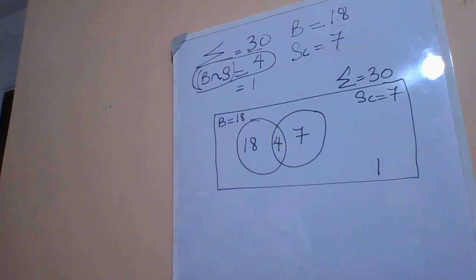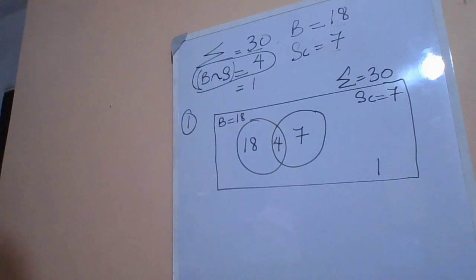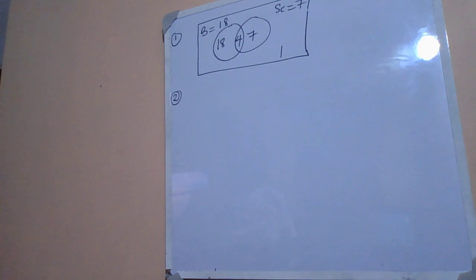So that answers the first question, which says we should draw a Venn diagram for the information given above. So let's answer the second one. The second part of the question says we should determine the probability that a learner selected at random takes biology as a subject.